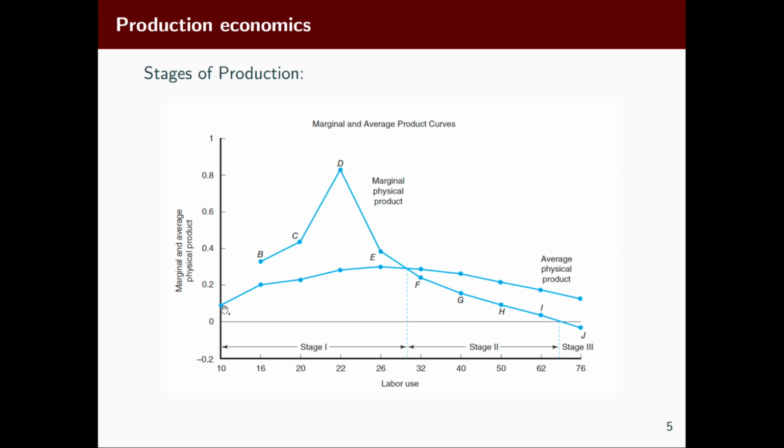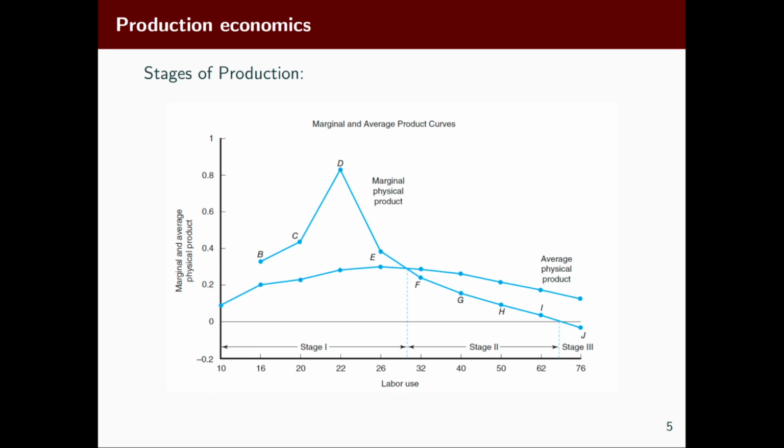So APP has usually a more flattened curve, but not always. It can look different for different types of industries. And so again, this measurement is just our total production divided by the input we're using. So here, let's focus on this dot here. At this point, we are using 20 hours of labor, and we're producing some amount of good.